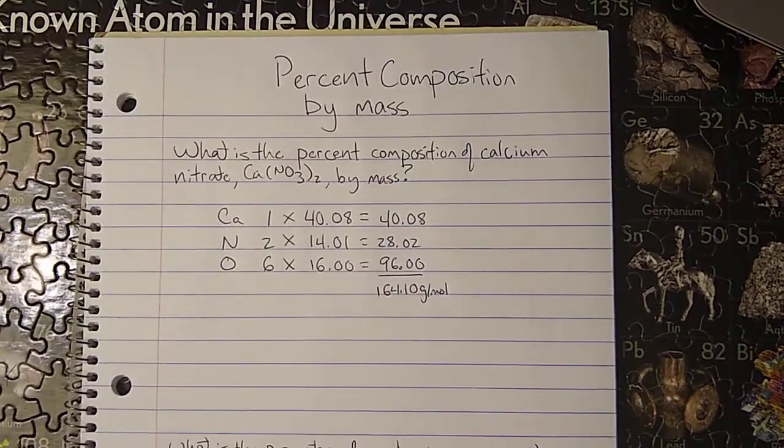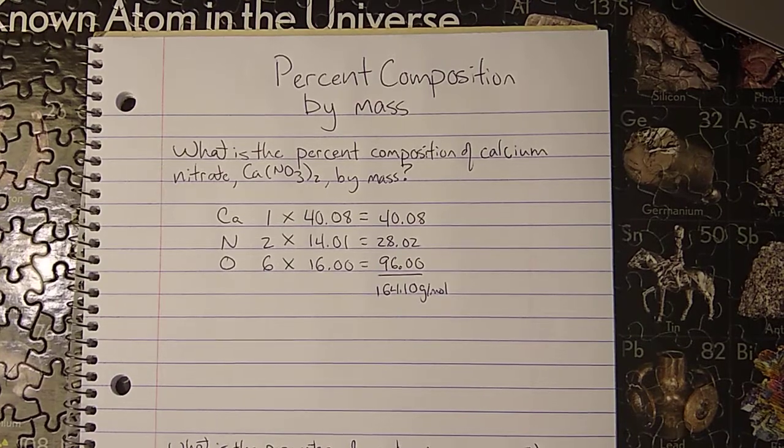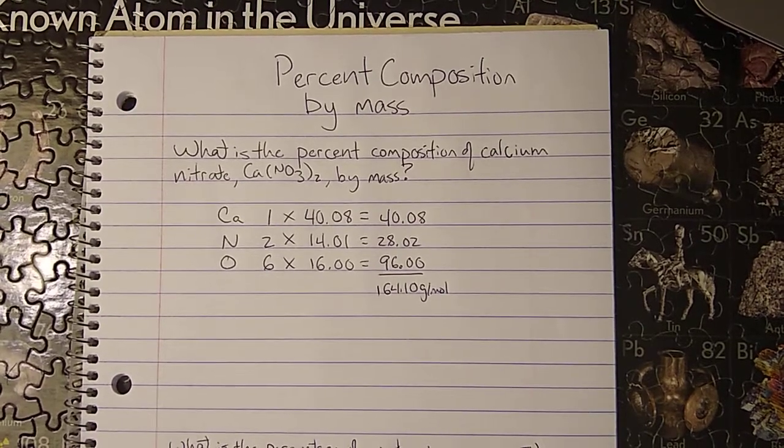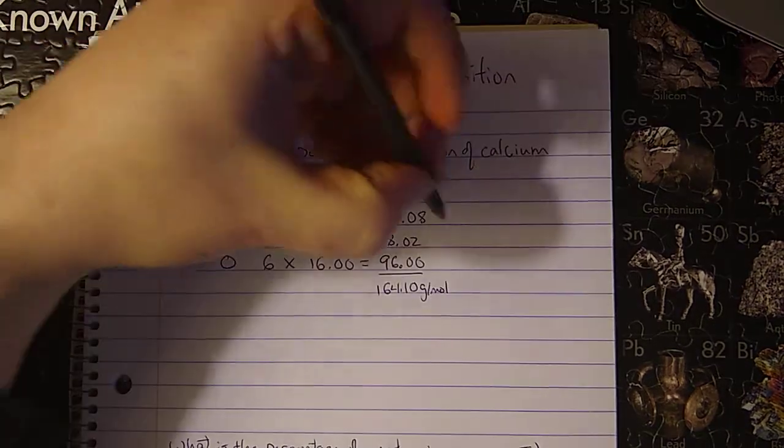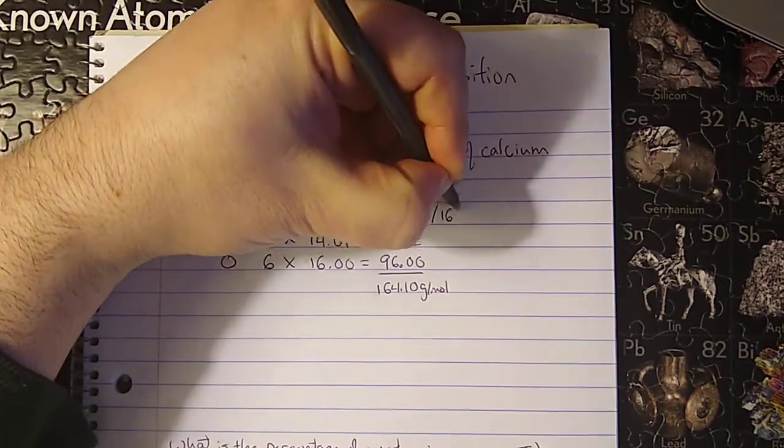So the total molar mass for calcium nitrate is 164 grams. Then to find the mass for each of the elements, we just divide each of them by that molar mass.